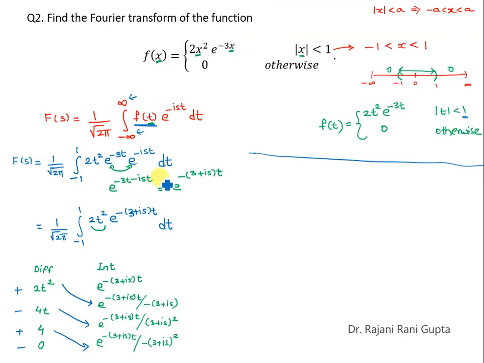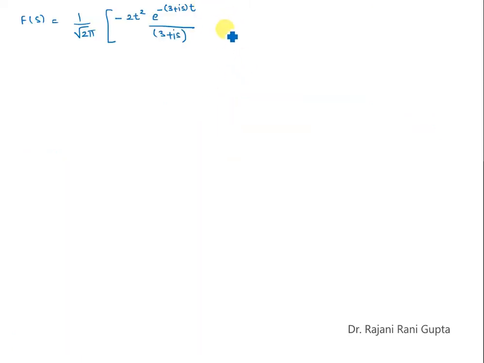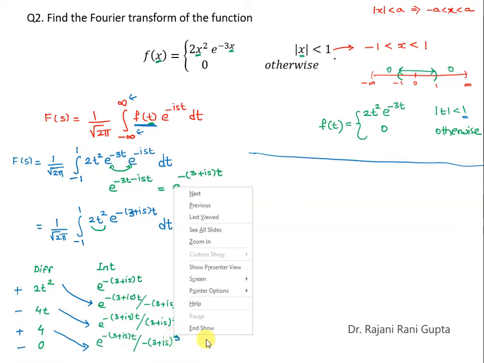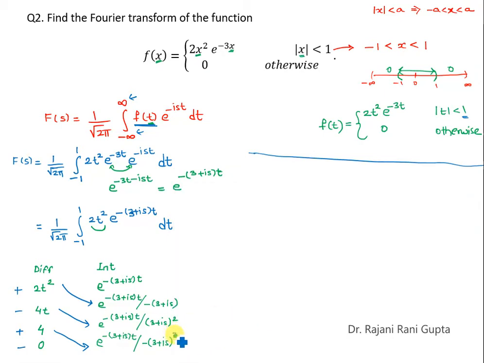Okay, now here minus and here plus, so it becomes minus 4t times e power minus (3 plus iota s)t over (3 plus iota s) to the power 2. And third term, it's again plus minus become minus 4 times, here the power is 3, because it's 2, so it should come 3.